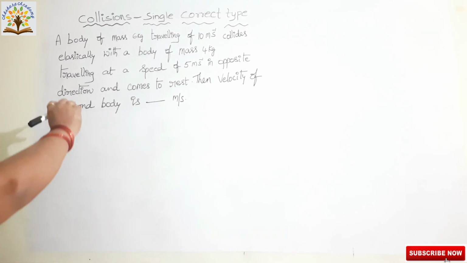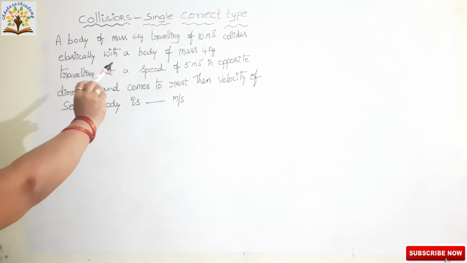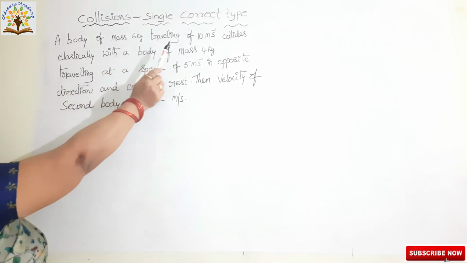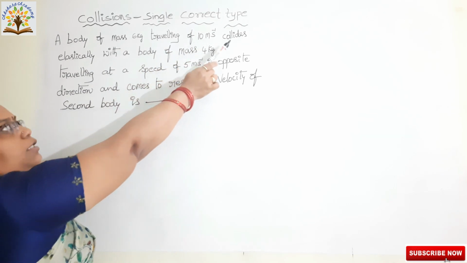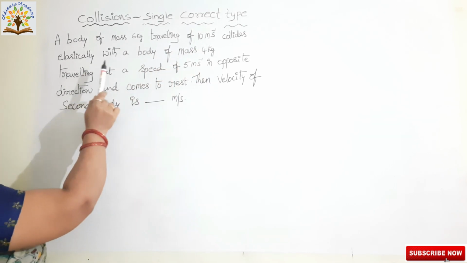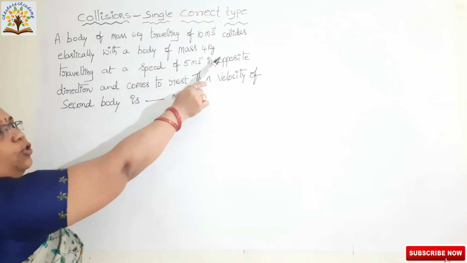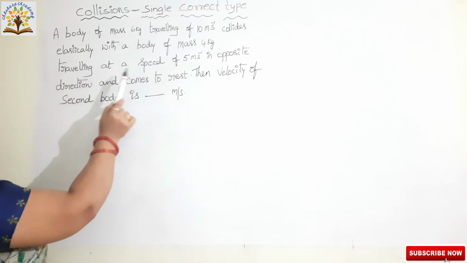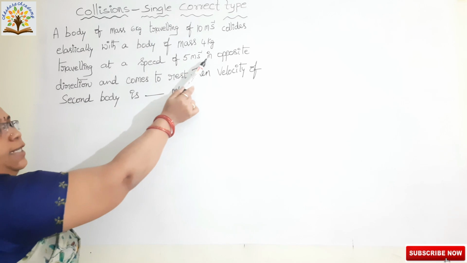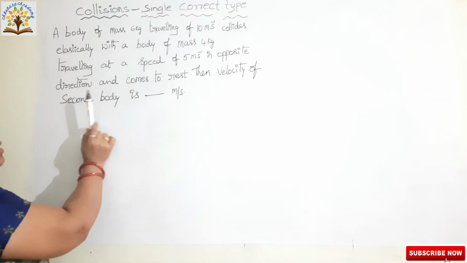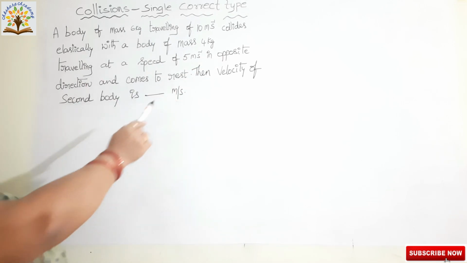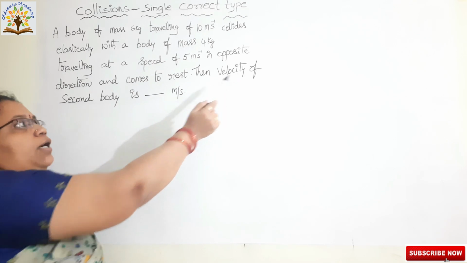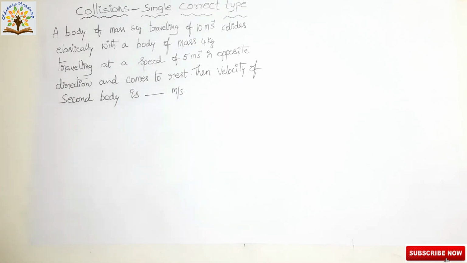Next question. In this question, a body of mass 6 kg traveling at 10 meters per second collides elastically with a body of mass 4 kg traveling at a speed of 5 meters per second in the opposite direction, and comes to rest. What you have to find out is the velocity of the second body.